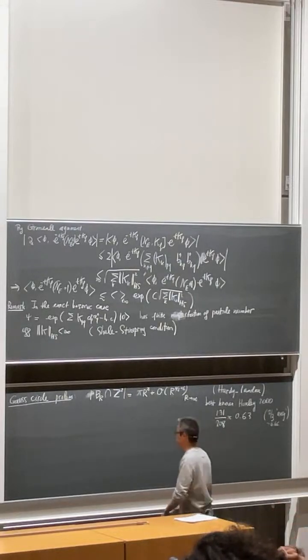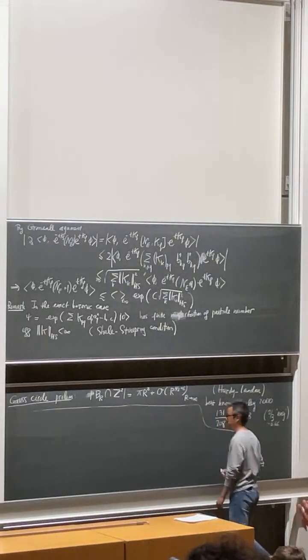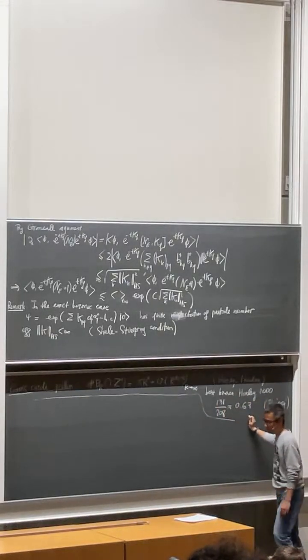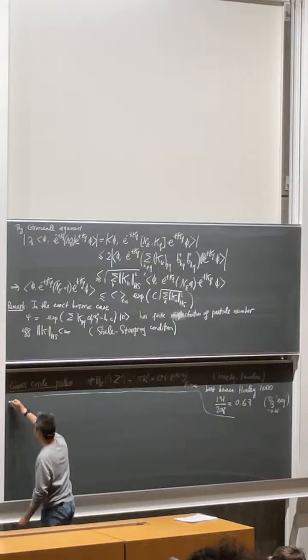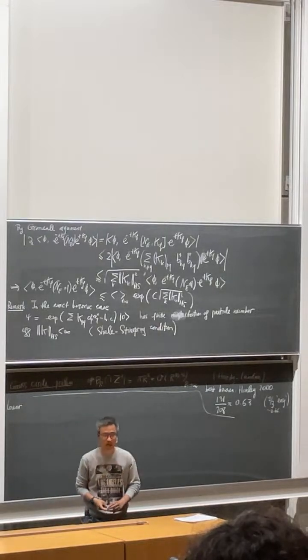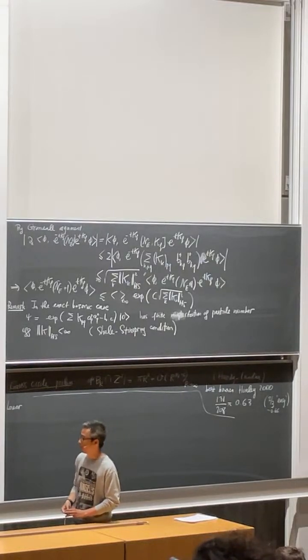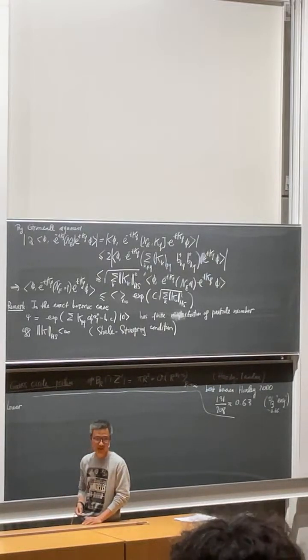Okay, so now let me finish the proof of the main theorem by going to the lower bound. And I think there's a question. Yeah. If L is bounded above by KF, what is the dimension of L? L is a real number.